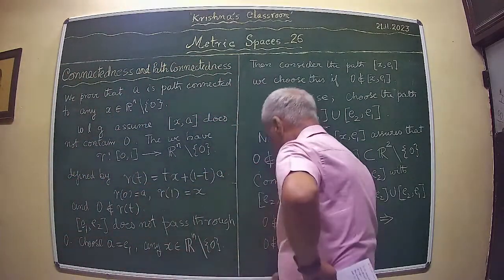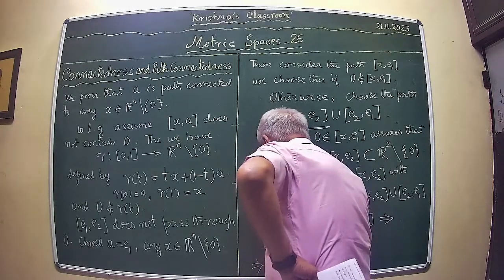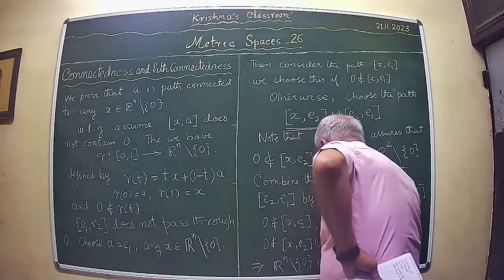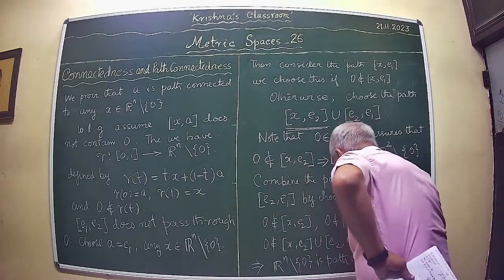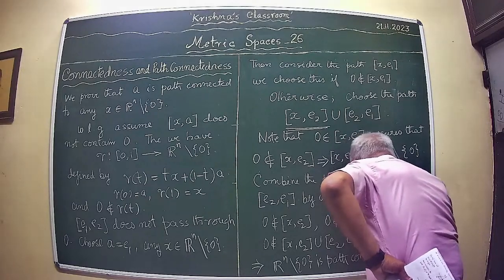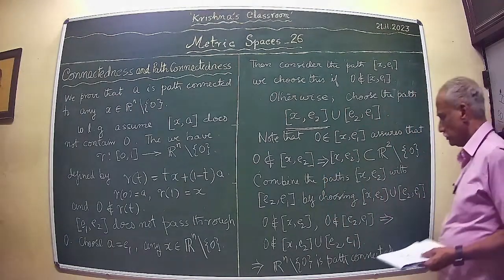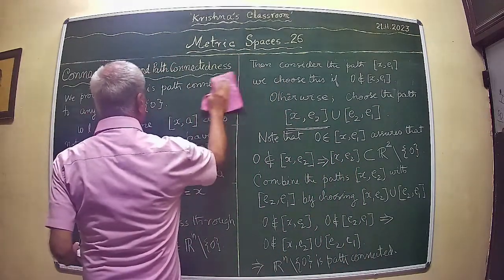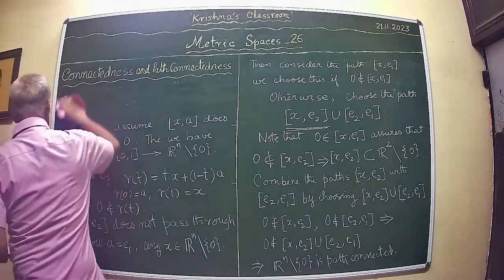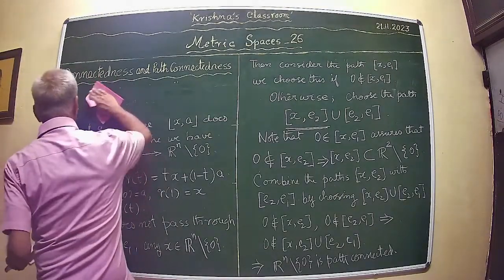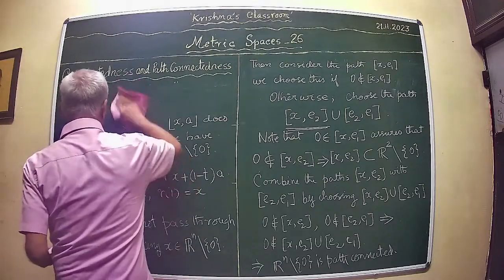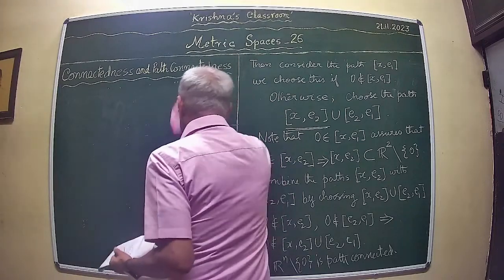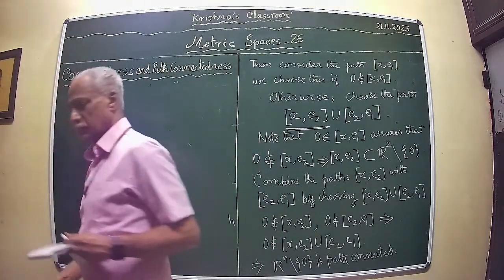Therefore, it's a nice result. So we have successfully got a path from E1 to any given X. See the picture really, this is what it is.